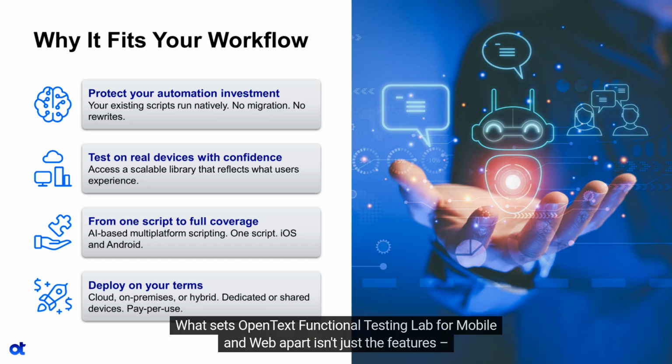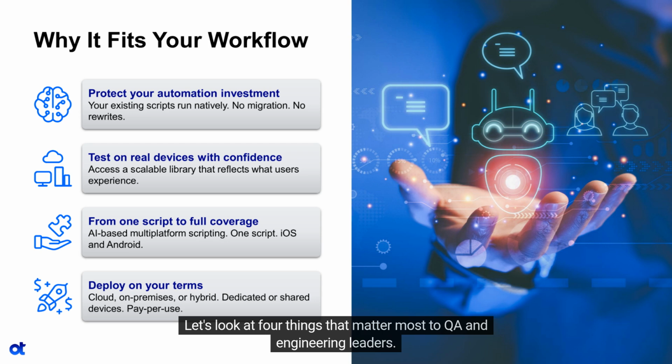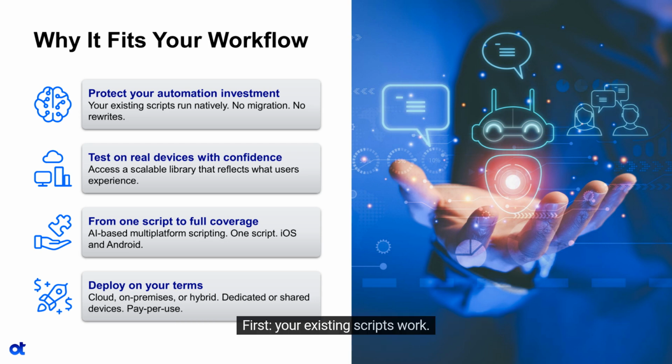What sets OpenText Functional Testing Lab for mobile and web apart isn't just the features. It's how it fits into what you already have. Let's look at 4 things that matter most to QA and engineering leaders. First, your existing scripts work. No migration, no rewrites, your investment in automation is protected. Second, you test on real devices, not simulators and emulators.